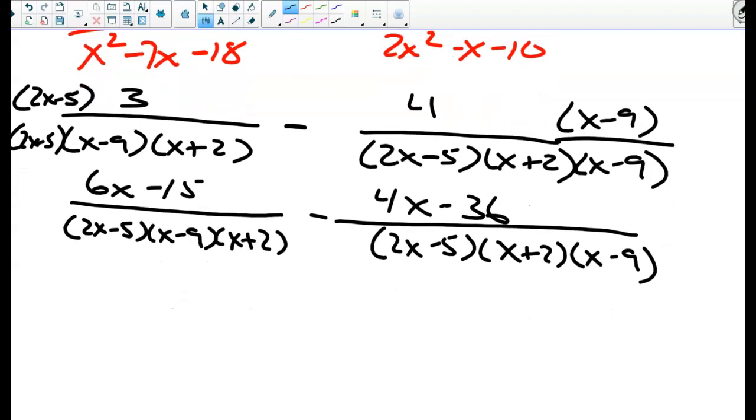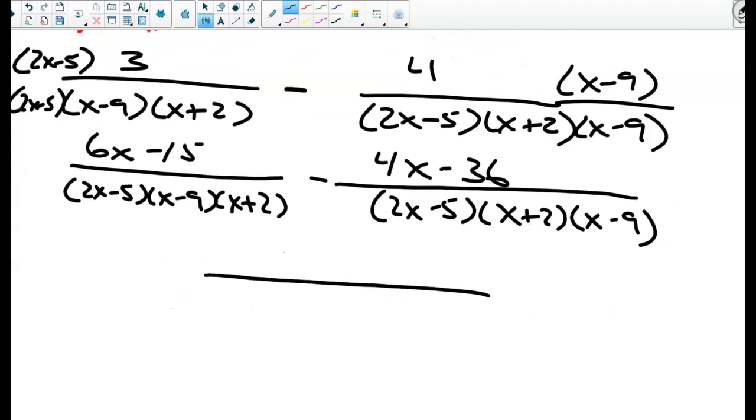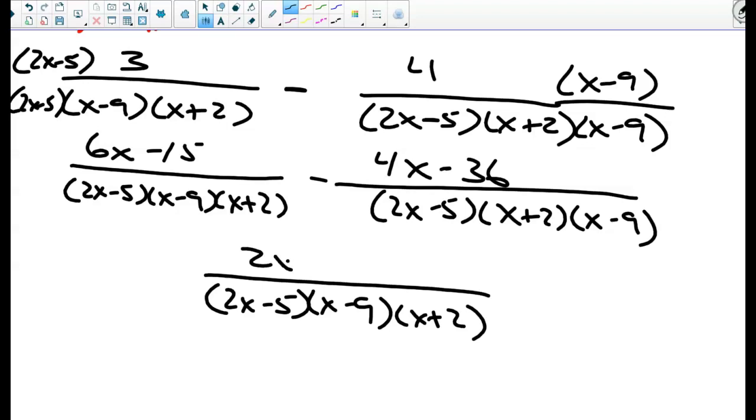And now I got to be careful with my subtraction. My common denominator stays 2x minus 5, x minus 9, x plus 2. 6x minus 4x is 2x. Negative 15 minus a negative 36 makes that 36 positive. 36 minus 15 is 19. So this is my answer.